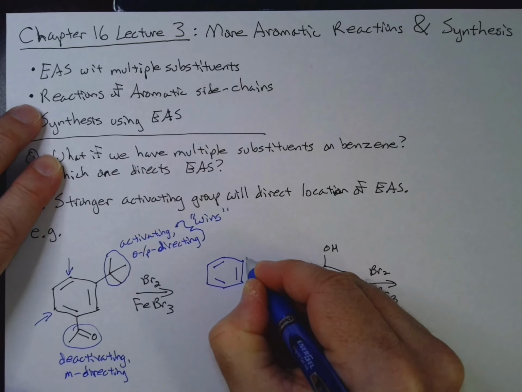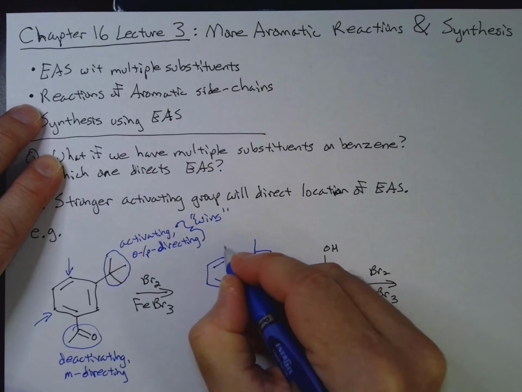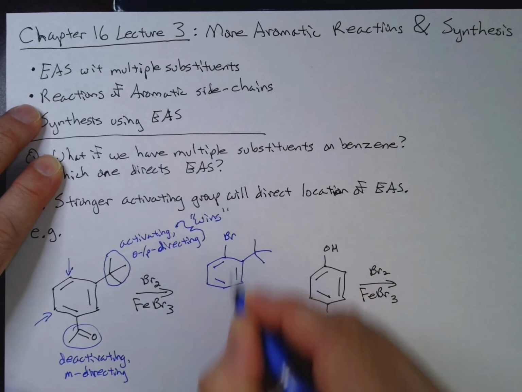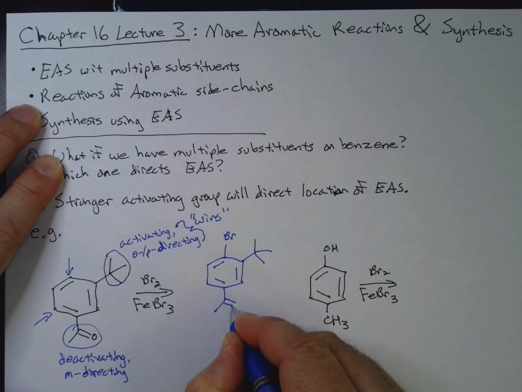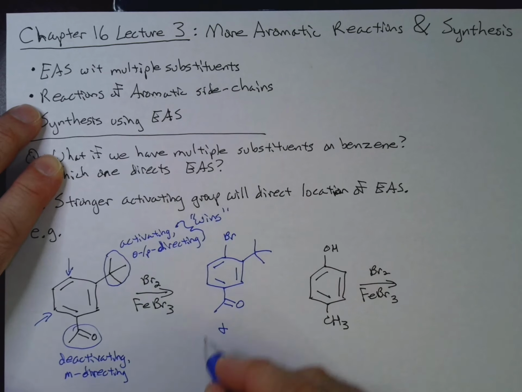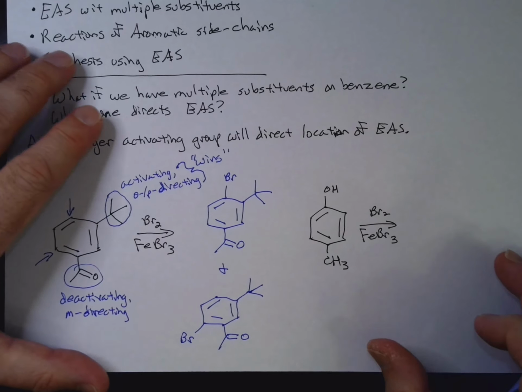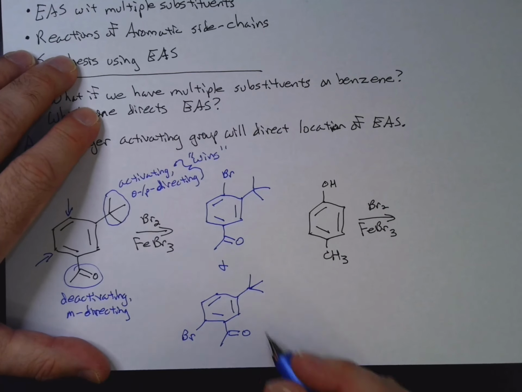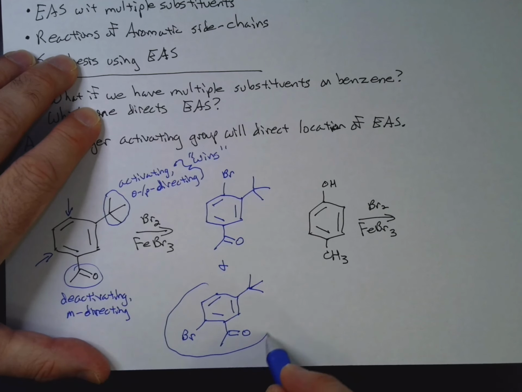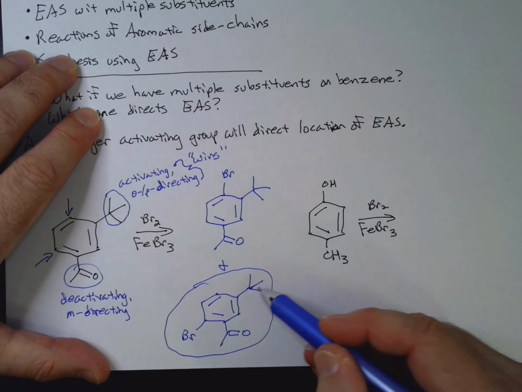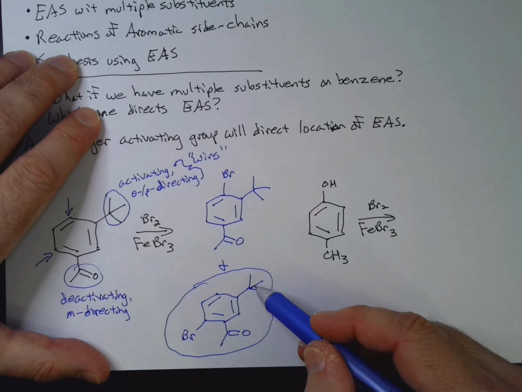You'll probably get a mix of products. However, you'll probably get more of one than the other. So ortho and para, and I would guess this guy would probably be the major product because the t-butyl group is fairly large.